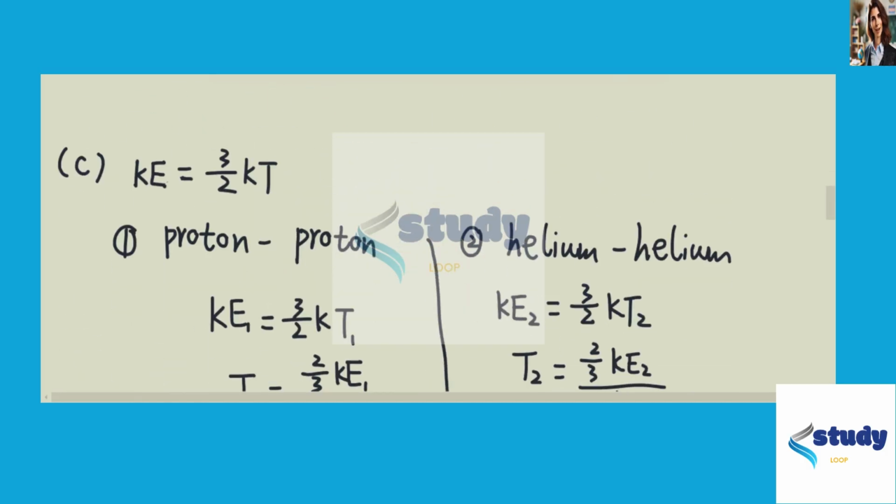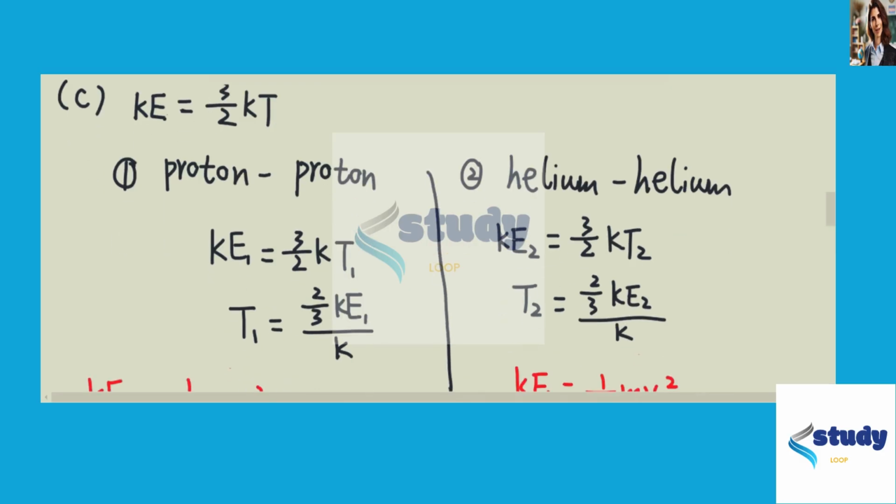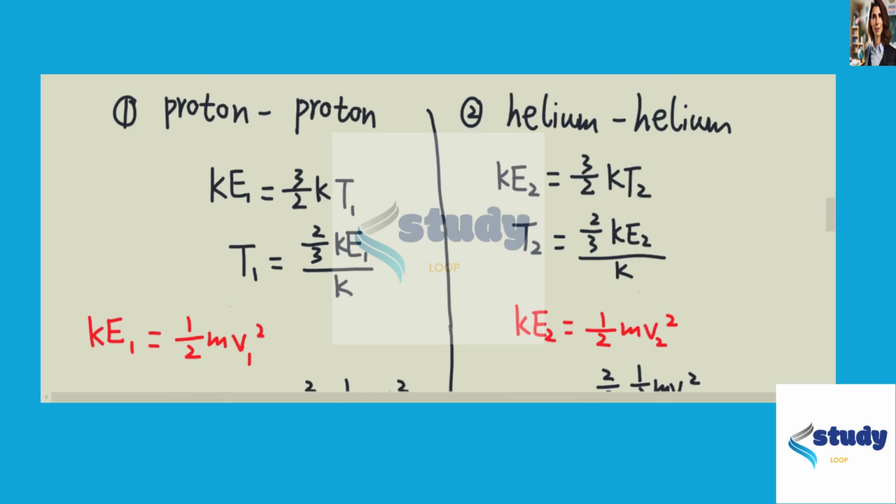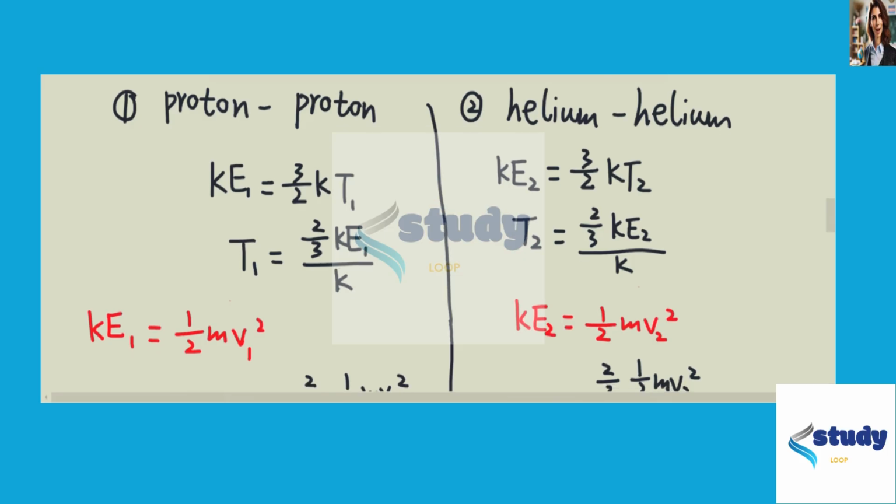For question C, we know the translational kinetic energy is equal to 3 over 2 times kT, where k is the Boltzmann constant and T is the absolute temperature. Let's look at the first subcase, the proton-proton collision.